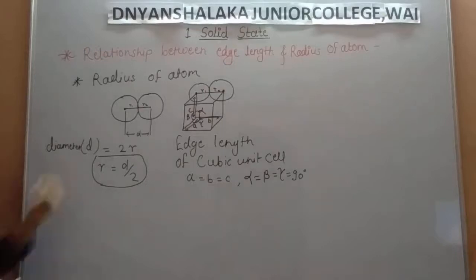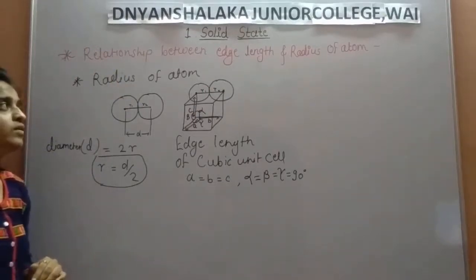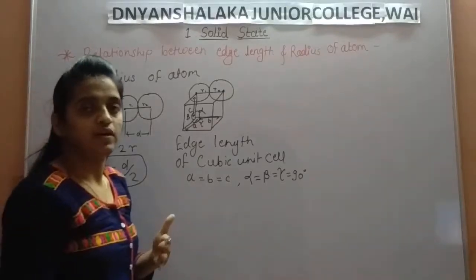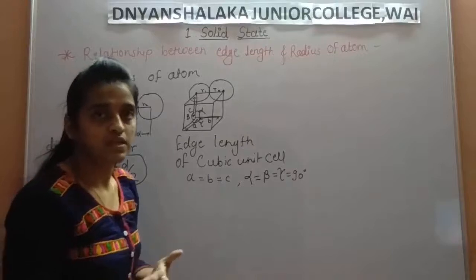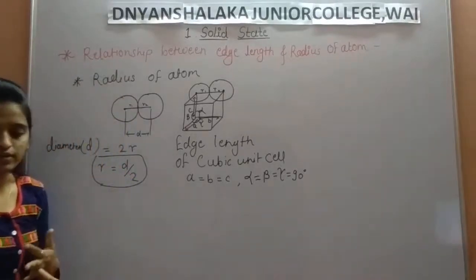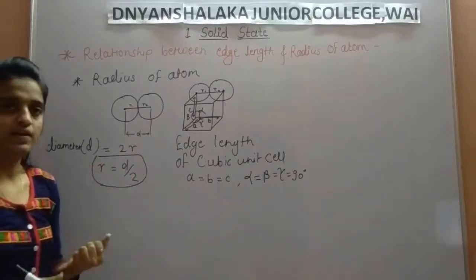So in this lecture we find out the relationship between edge length and radius of atom. According to atom arrangement there are 4 types of cubic unit cell. First is the simple or primitive unit cell, second is the body centered unit cell, third is the face centered unit cell, and last is the end centered unit cell.